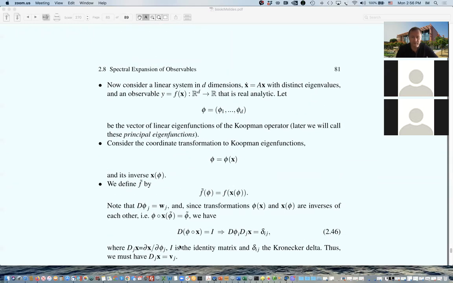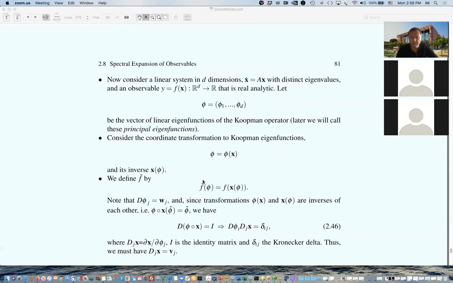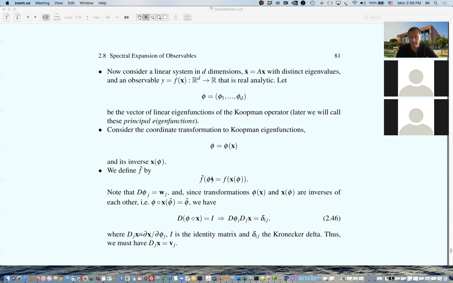Because now we are going to take that and use this. We're first going to take this f tilde and we're going to expand it into a Taylor series in this coordinate phi. And so you can ask the question, well, is this globally possible? Because you could have some poles in this Taylor series expansion.